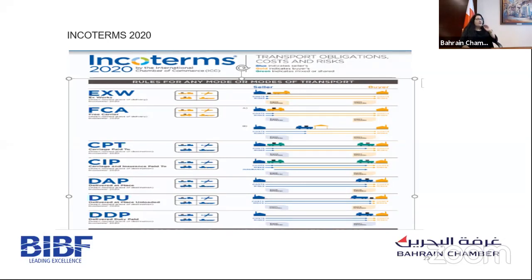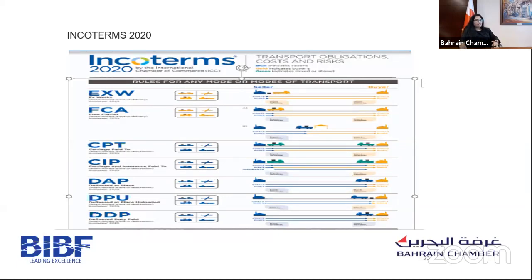If the exporter cannot take the import duties, or doesn't want to pay the import duties, then he shouldn't be choosing DDP. So depending upon the exporters' and the importers' bargaining position, their place in the market, the Incoterms will be chosen.